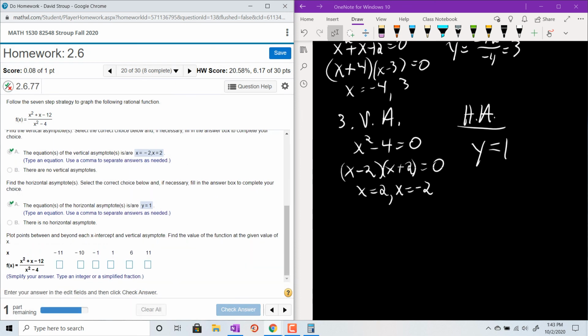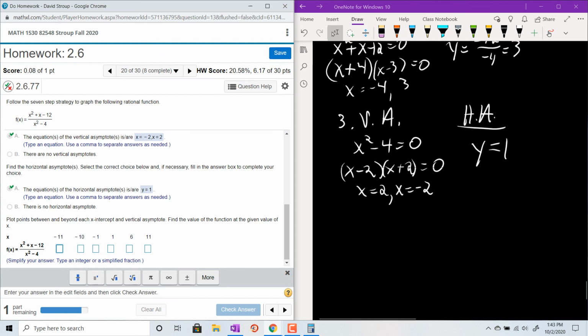What else? We need a table of that. Oh my gosh, it's going to be a nightmare. Okay, so here we go. Negative 11 squared is 121. Minus 11 minus 12 is 98. All over 121 minus 4 is 117.